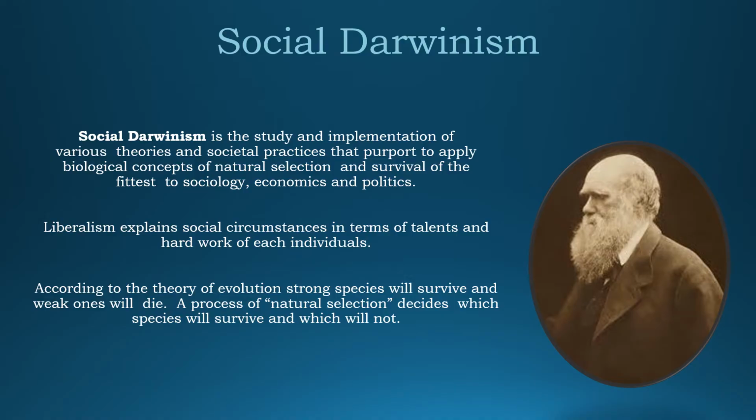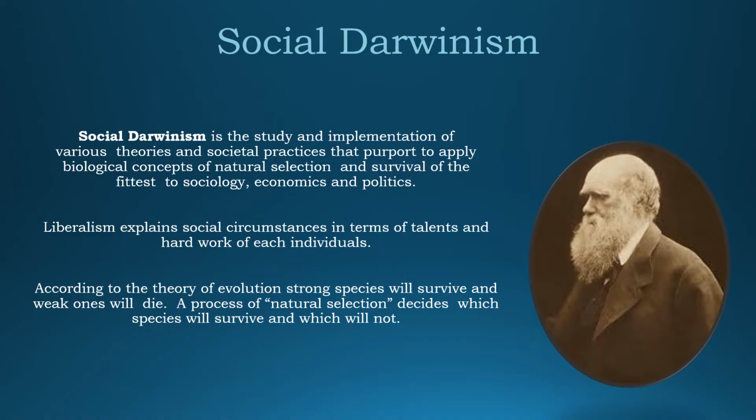Social Darwinism is the study and implementation of various theories and societal practices that purport to apply biological concepts of natural selection and survival of the fittest to sociology, economics, and politics. So, liberalism explains social circumstances in terms of talents and hard work of each individual. According to this theory, strong species will survive and weak ones will not.